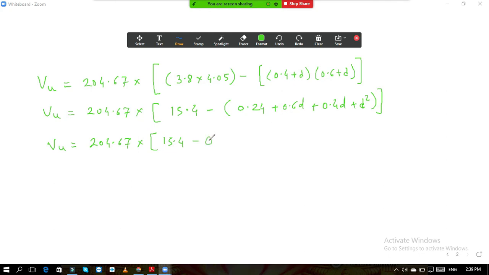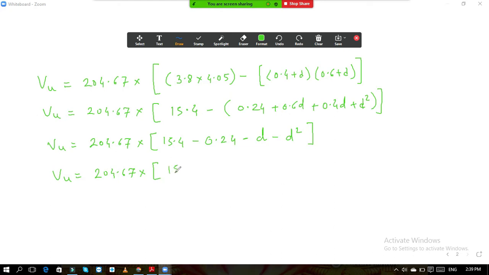So this will become minus 0.24 minus D and minus D square. So VU is equal to 204.67 into here in the bracket, it is 15.4 minus 0.24.